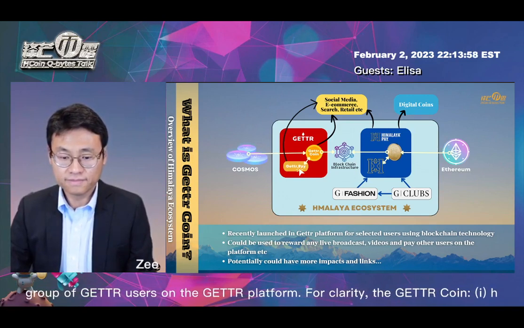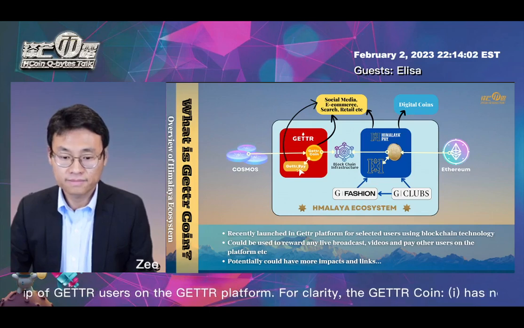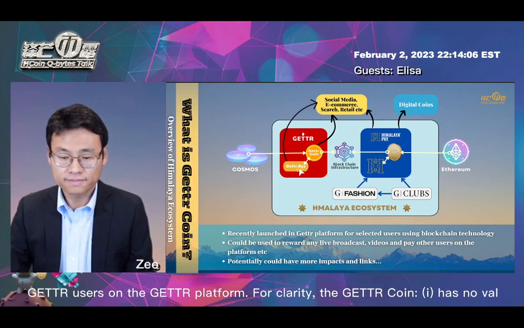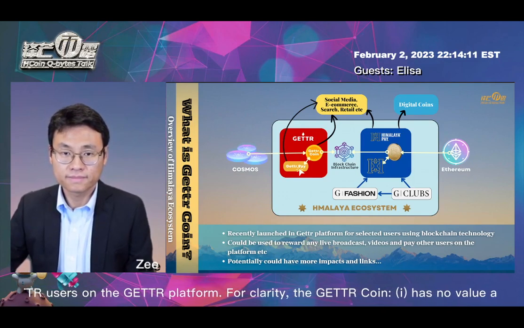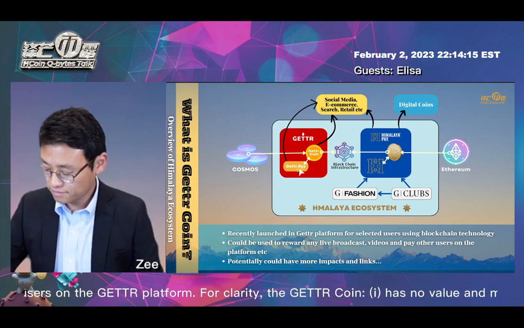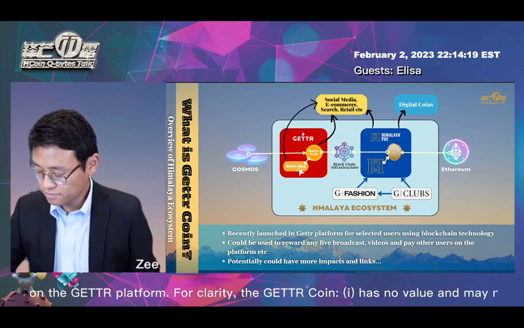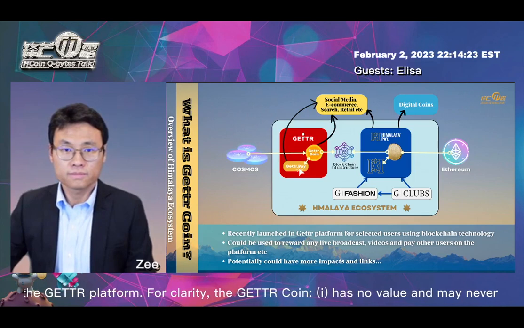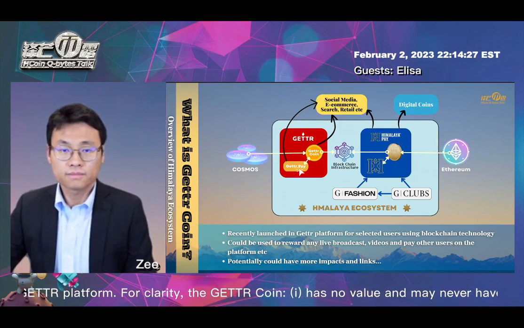whoever is following you. And think about it, before, when we used Bitcoin, how was it mined? Bitcoin was mined using energy, using electricity. It's based on proof of work. However, Gettr is really changing the way we do social media.